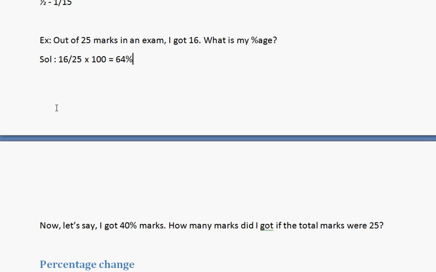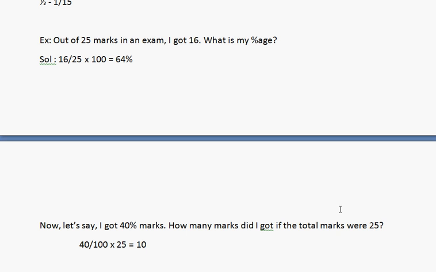Now it says I got 40% marks. How many marks did I get if total marks were 25, right? So I got 40%, which means 40 by 100, right? Now the total marks were 25. You have to just multiply it by 25 to get my total marks, which means it would be 10, right?